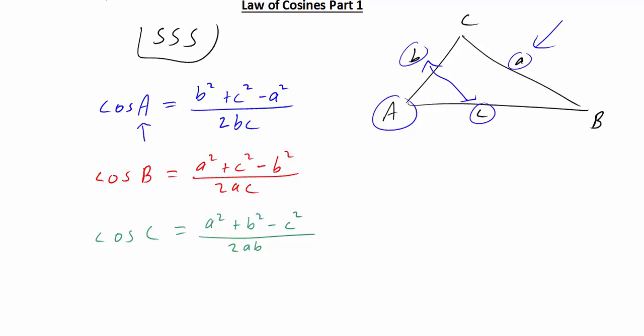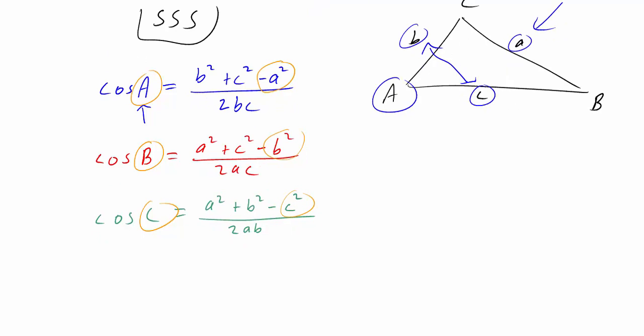So angle A matches up with the side we subtract away. Just like if we're looking for angle B, we subtract away side b, and same for angle C, we subtract away side c. So the formula is fairly easy to memorize.